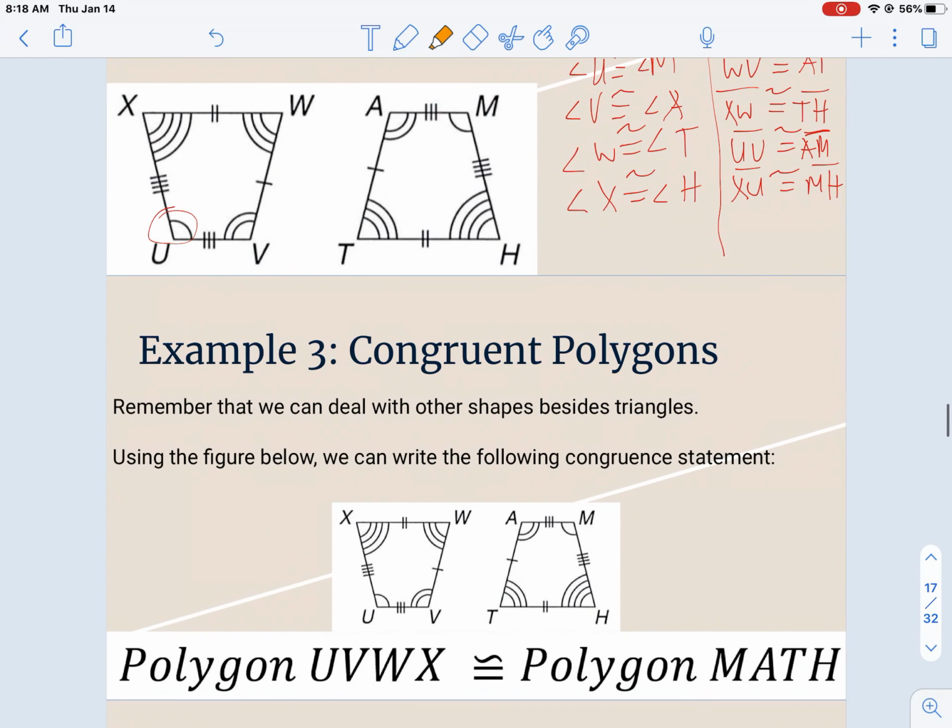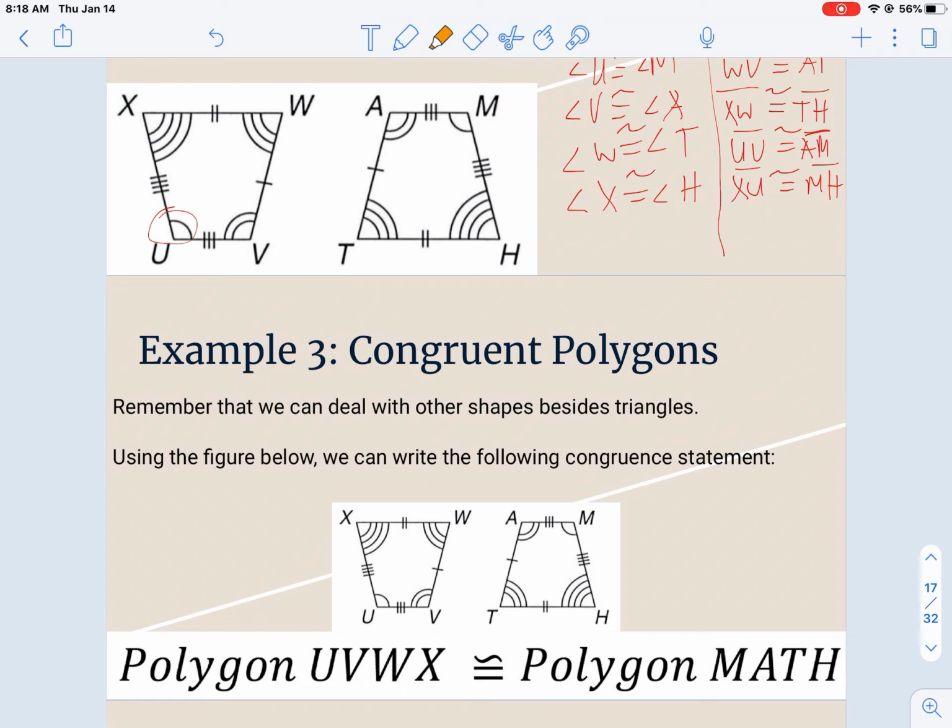All right, so if we wanted to write a congruent statement for something that's not a triangle, you could just say the word polygon. Notice if I start with angle U, that has 1 arc, and then I go to the angle with 2 arcs, 3 arcs, and 4 arcs.